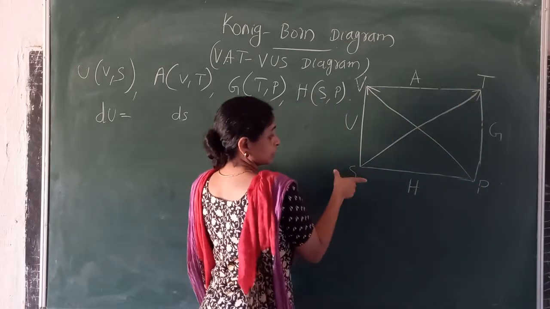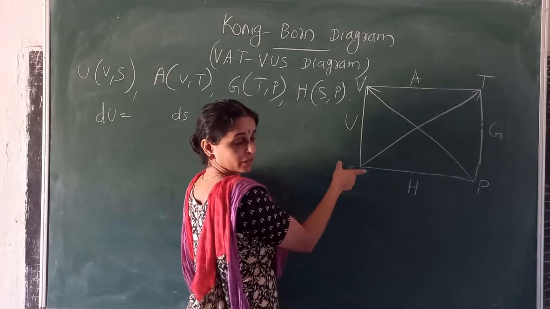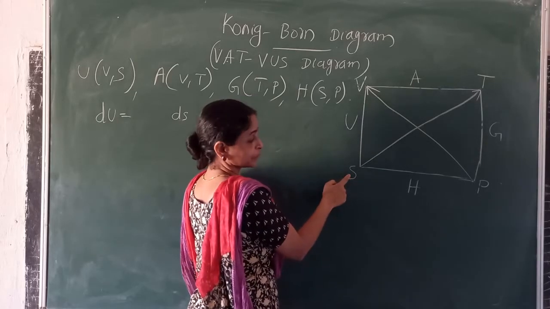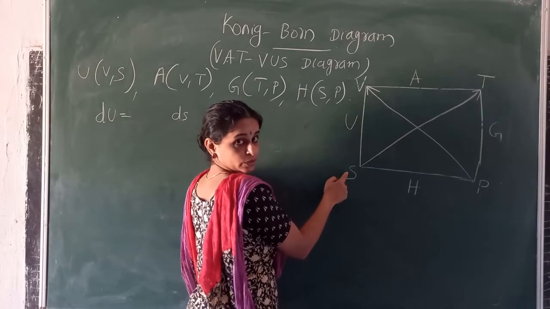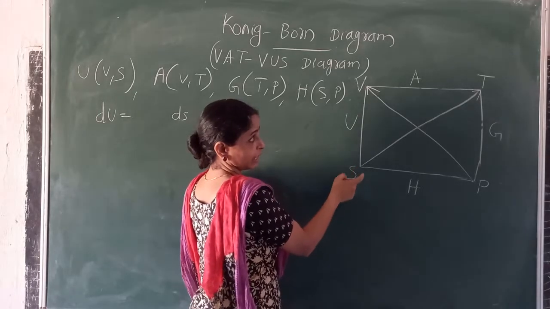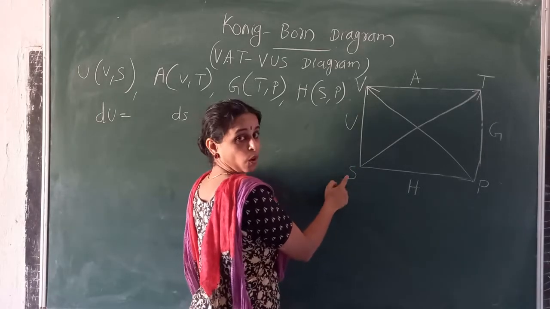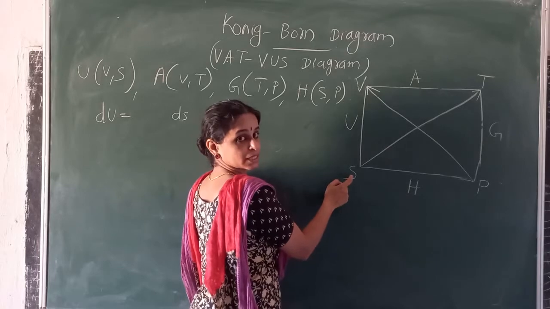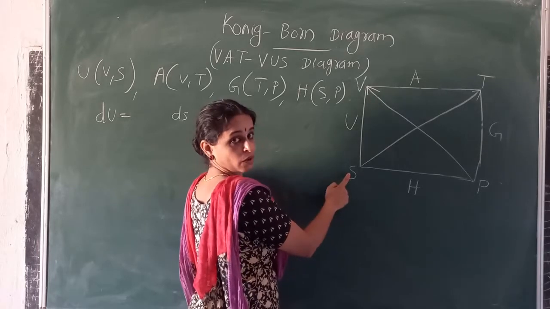For finding the coefficient of dS, we have to just know what is the conjugate connecting to this S. What is the conjugate coordinate here?